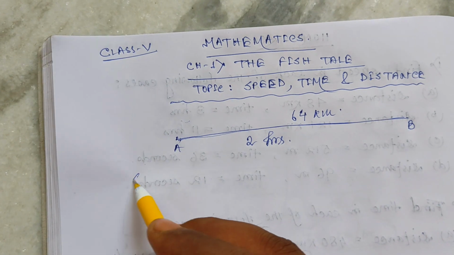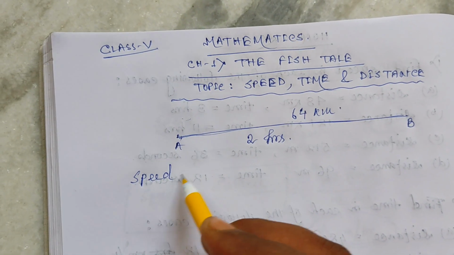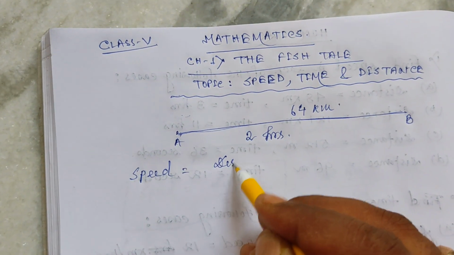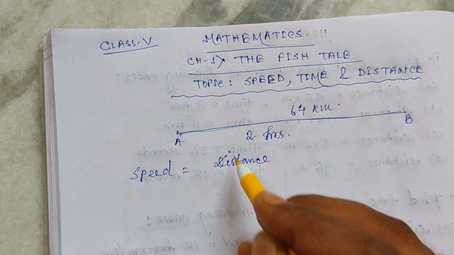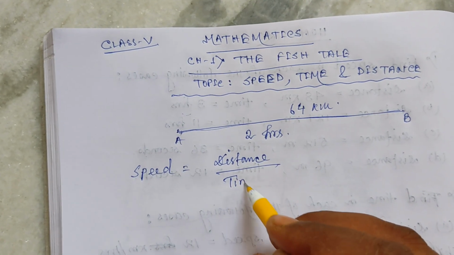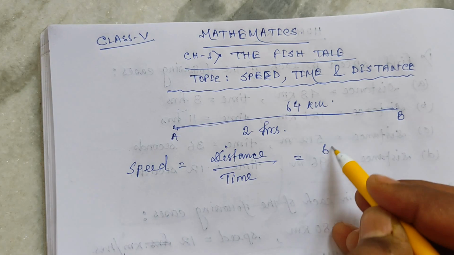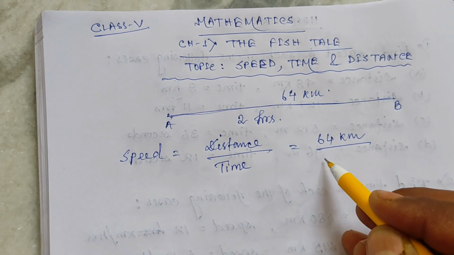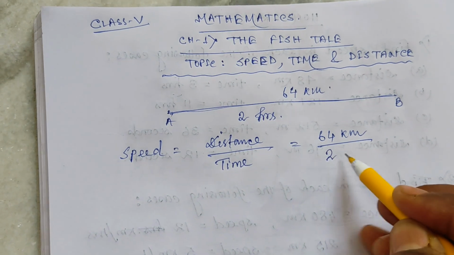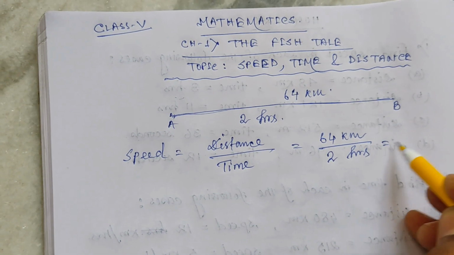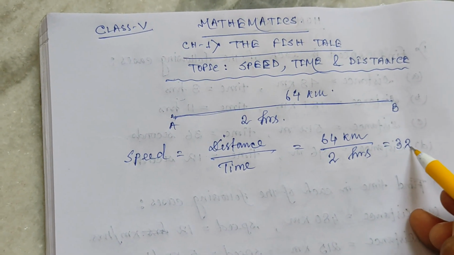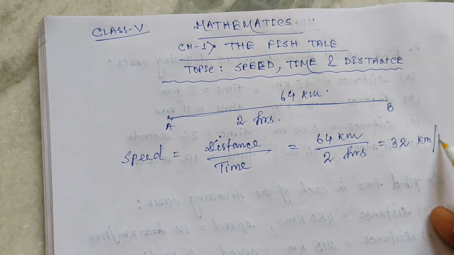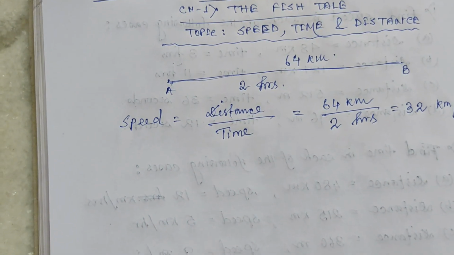So what is speed? Speed equals distance divided by time. So speed equals 64 kilometer divided by time 2 hours. So we can write 32 kilometer per hour.